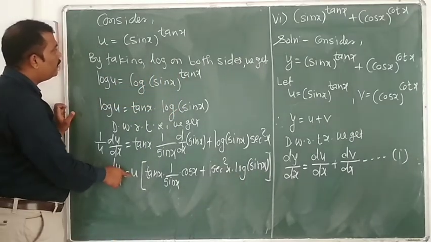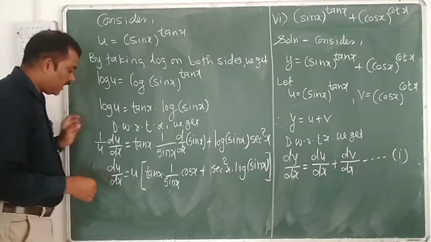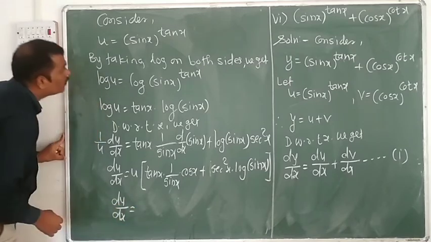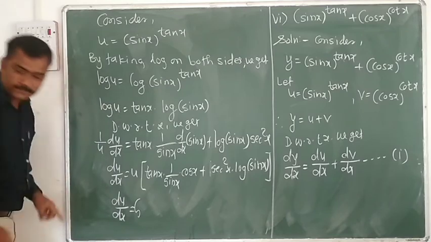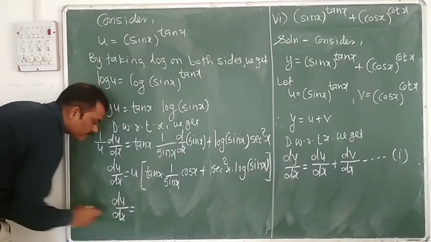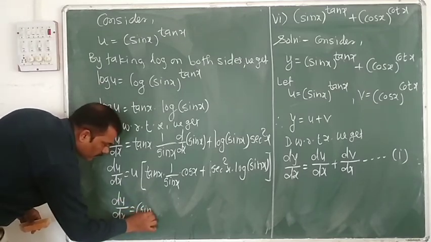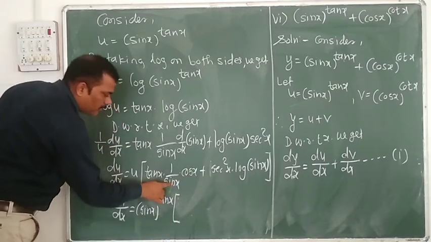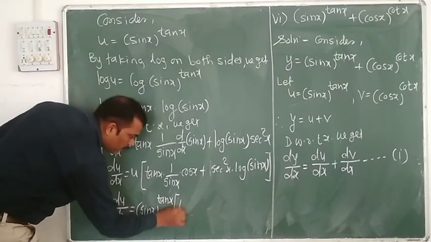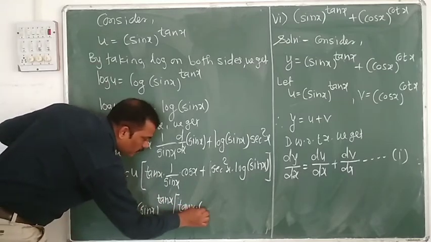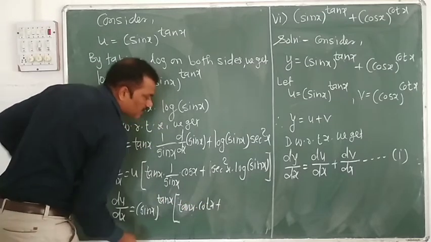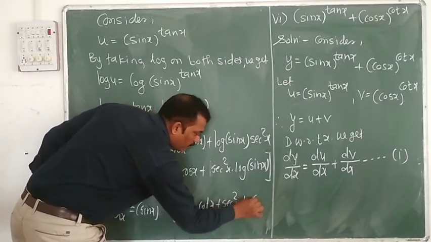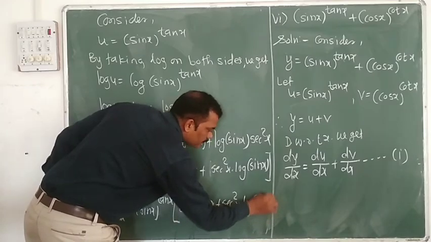Now what is the value of u? u is nothing but sin x raised to tan x, so du by dx is equal to sin x raised to tan x into bracket. Cos upon sin is nothing but cot x. Therefore tan x into cot x plus sec square x into log of sin x.